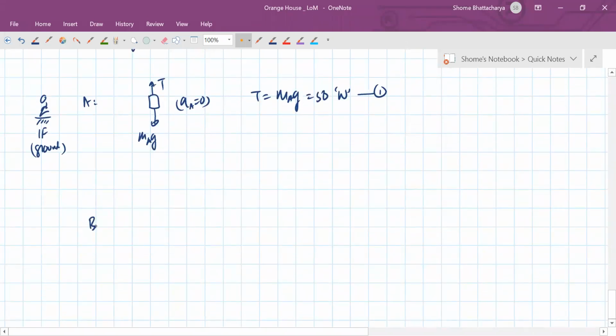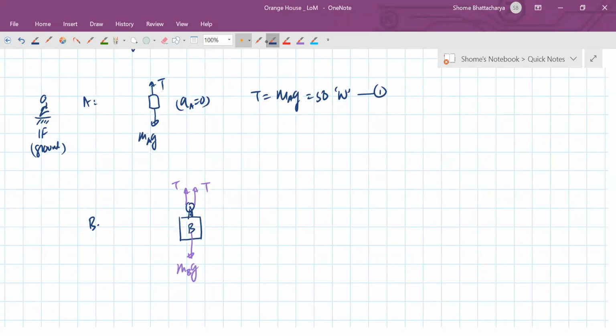Now B के free body diagram के लिए आप क्या कर सकते हो? Because the pulley attached to B is massless, so you can include that in your free body diagram. Okay.